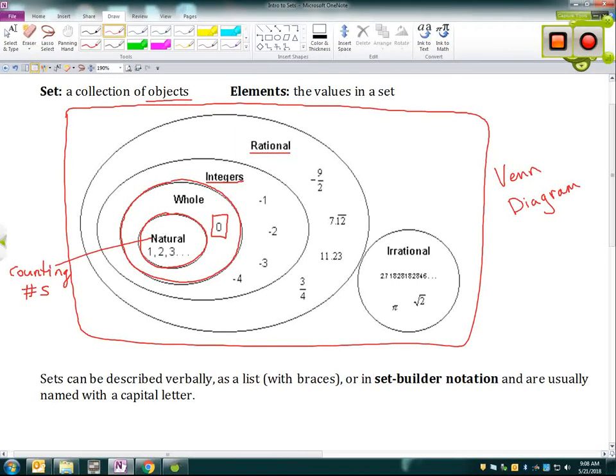So -9/2 is a rational number because -9 and 2 are both integers, all right? Now, -9/2 could also be written as -4.5. So even if we see it as -4.5, it is still a rational number because it can be written as a fraction of integers, okay?